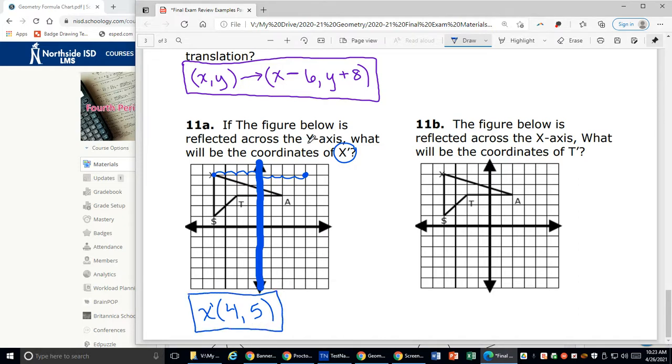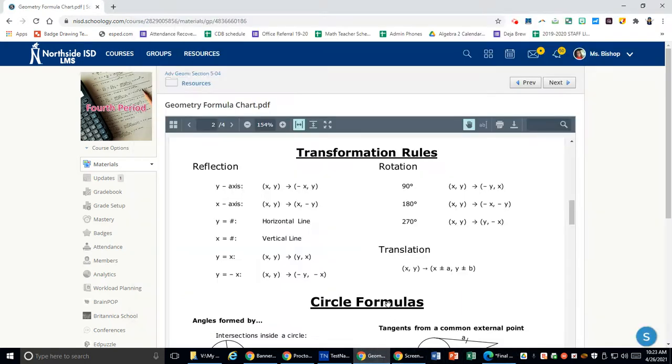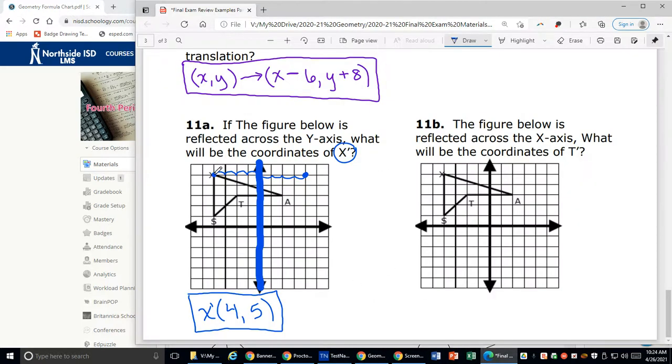Now, reflection across the y-axis, if I look at my formula chart, I can see xy goes to the opposite of x, y. If I look at my original x point, it's the point negative 4, 5, right? So the opposite of x, negative 4 becomes positive 4, and then my y doesn't change. So you can either use your graph or you could use those transformation rules either way.